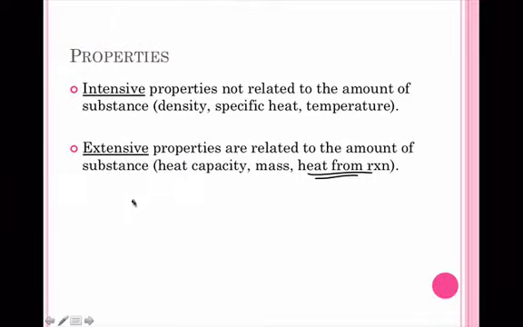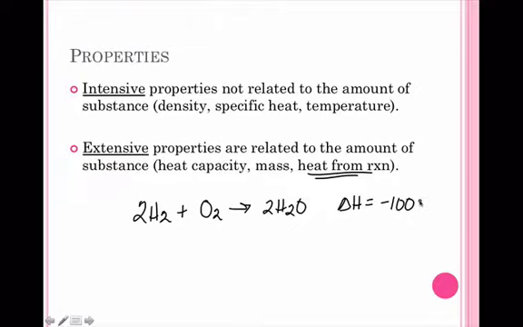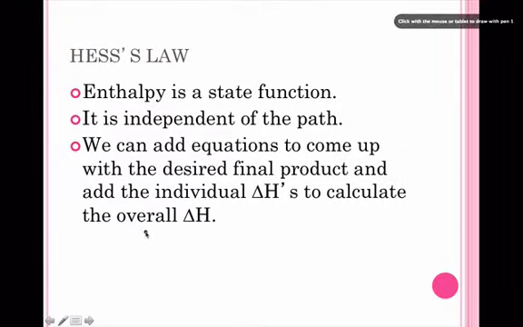So for example, if you had your written formula of this, giving us water, and say our delta H was negative 100 kilojoules, then we would know that this is only for 2 moles of hydrogen, 1 mole of oxygen to form 2 moles of water. If this were only 2 grams, then this value is going to be affected. So extensive properties depend on the amount of the substance that you have. Intensive do not.